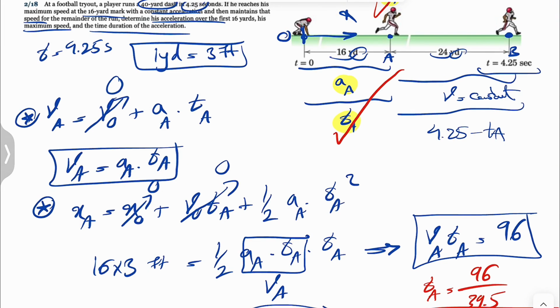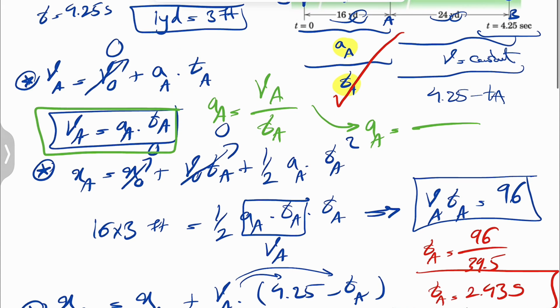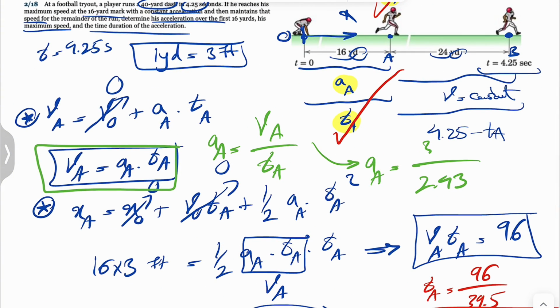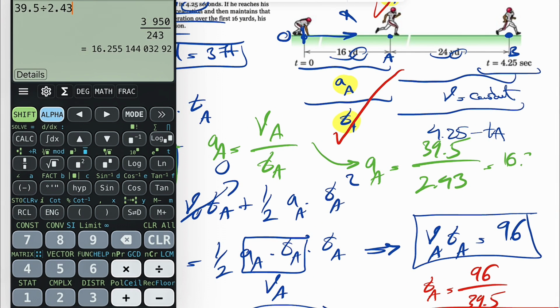For the acceleration, we can go to this equation right here: acceleration would be VA over TA. TA was 2.43 and the velocity was 39.5, and this is going to be 16.26 feet per second squared.